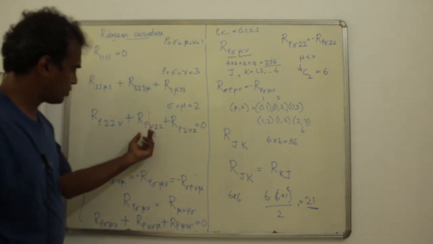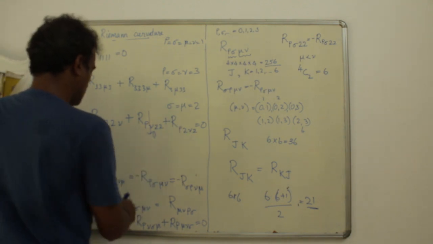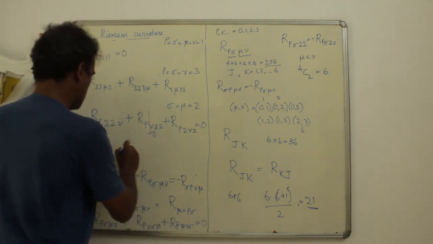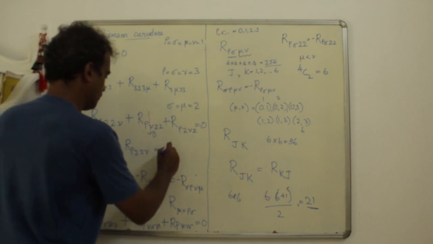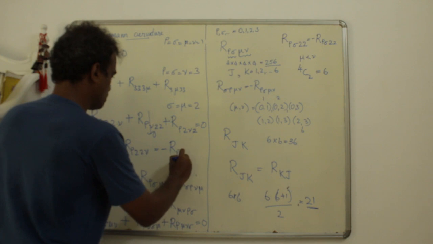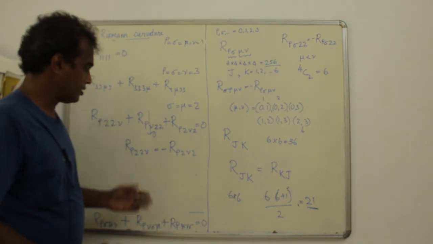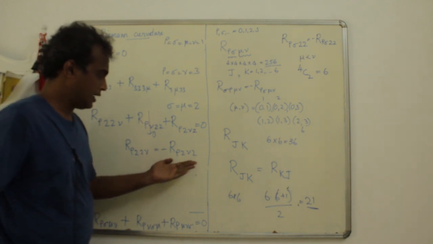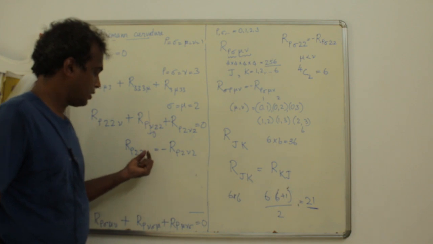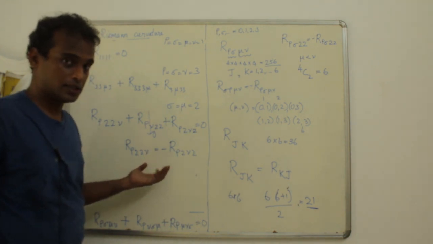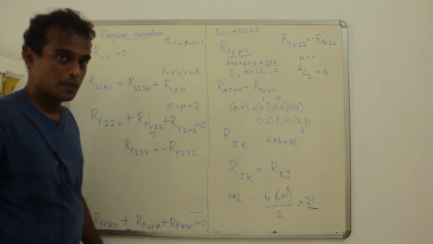Since the second component is already 0, I could now write the resulting equation as R rho 2 nu 2 equal to minus R rho 2 nu 2. Looking at this identity, it is clear that this identity could also have come from the antisymmetry of the last 2 indices, and hence it's nothing new that the last identity has given us.